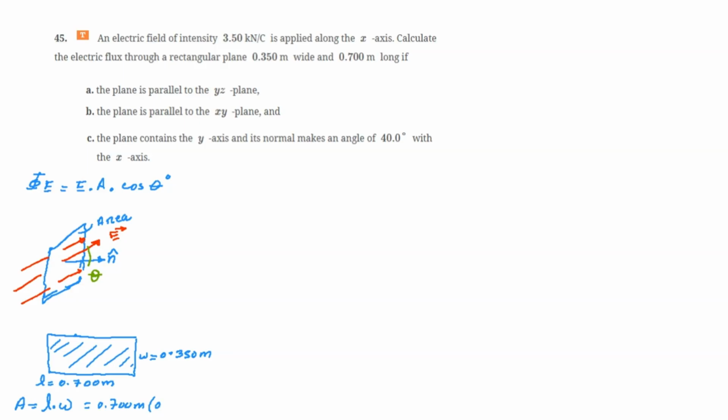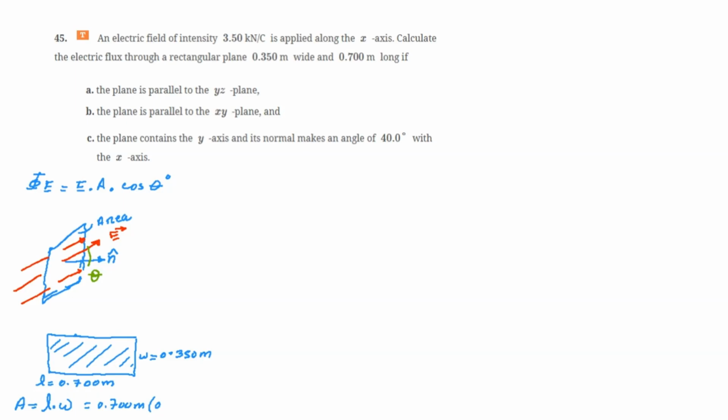When the plane is perpendicular to the electric field lines, we have more area. We have the maximum area facing the electric field lines. So basically, the electric flux is the lines that are crossing through this plane, right? This is the electric flux.